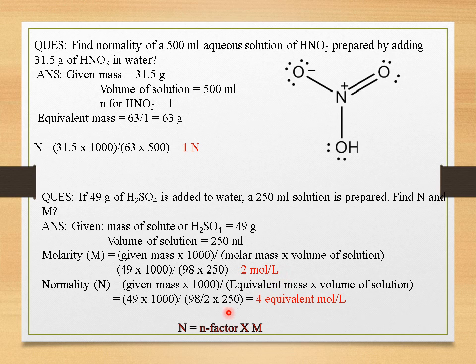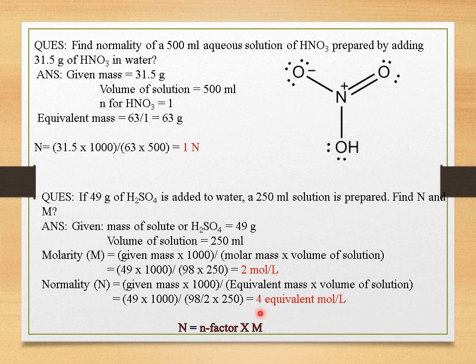So in general, just remember this one formula: normality is always equal to N factor into molarity. The N factor here was 2, so if I multiply my molarity by 2, I get the normality.